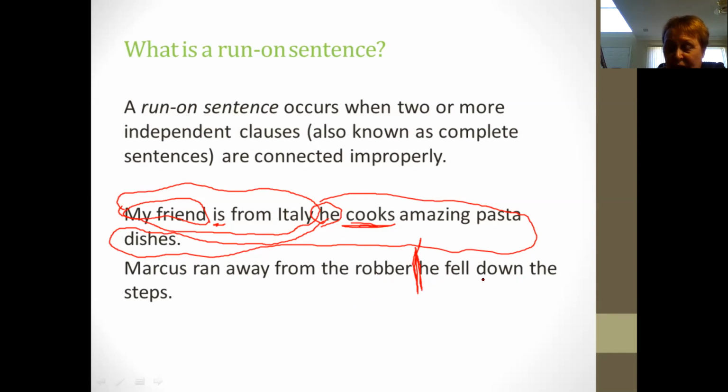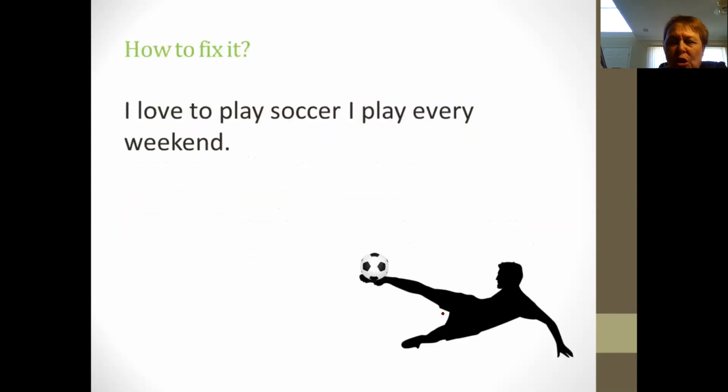Fell down, another phrasal verb, the steps. So you actually have two independent clauses joined together there, or well, not really joined together, all in one sentence, which is incorrect. So, how do you fix these things? What do we need to do to make them correct?